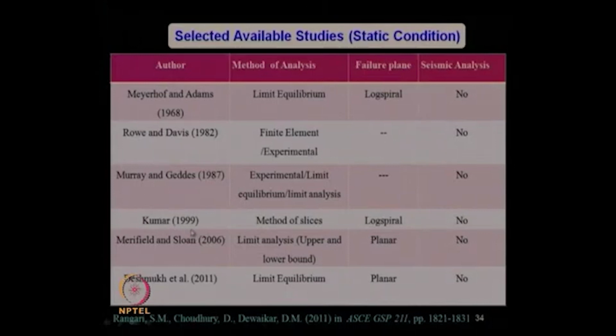Kumar in 1999 used the method of slices with a log spiral failure surface to obtain the uplift capacity of anchors under static condition. Then Merrifield and Sloan in 2006 used limit analysis, both upper and lower bound, using a planar rupture surface for the anchor, and recently Deshmukh et al.